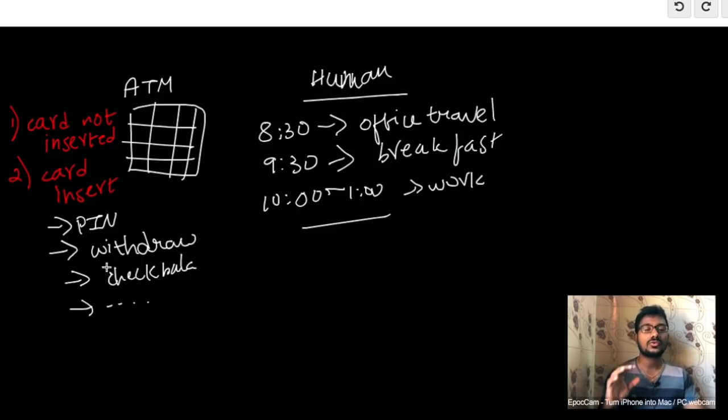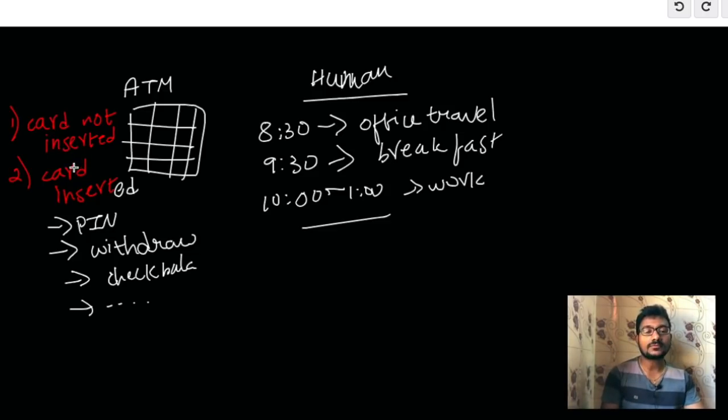So these two situations, card not inserted and card inserted, are considered as internal states. Based on state, the behavior is completely changed. This is the example of why the state design pattern falls under the behavioral design patterns.